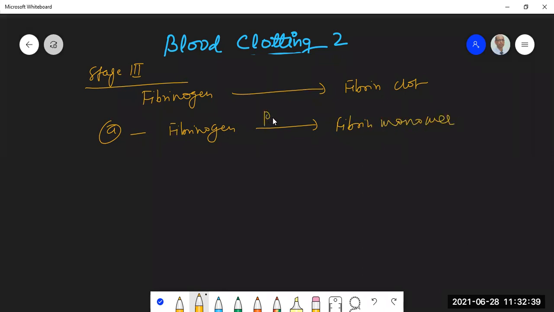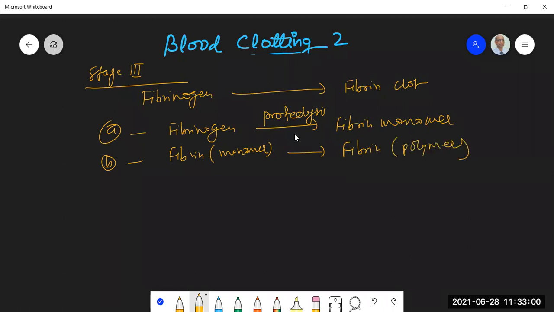It is proteolysis. Then you have substage 2, where you have fibrin monomer getting polymerized to fibrin polymer. This is spontaneous.